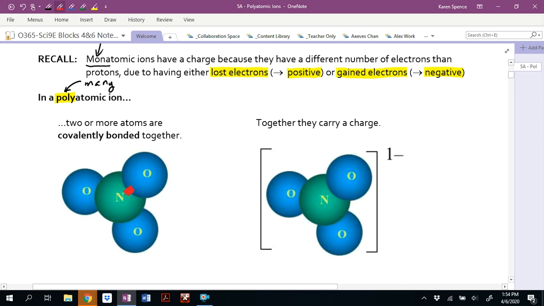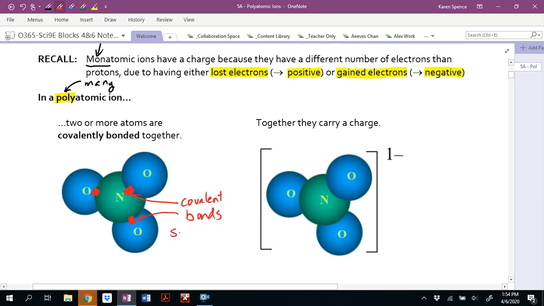So in between my nitrogen and my oxygen, there are covalent bonds. And if you remember, in a covalent bond, what are they doing with their electrons?